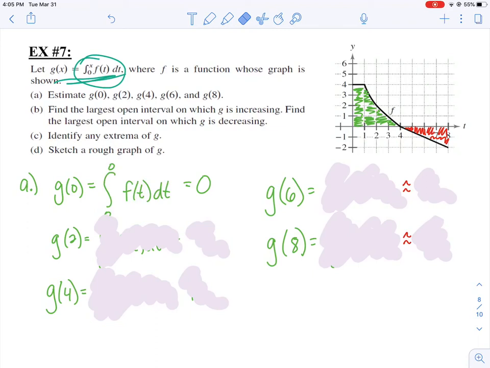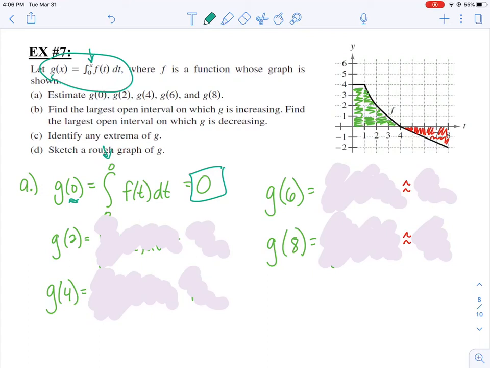The integral from 0 to 0, because x is 0, I can plug in 0 to my upper limit, because if I know that g of x is the integral of f from 0 to x, and I know x is 0, then I can plug in a 0 there. And so really, g of 0 is the integral of f from 0 to 0, is the area underneath the curve from 0 to 0. Well, if I've gone nowhere, then the area underneath the curve from 0 to 0 is nothing. It's just 0, right? So g of 0 is 0.